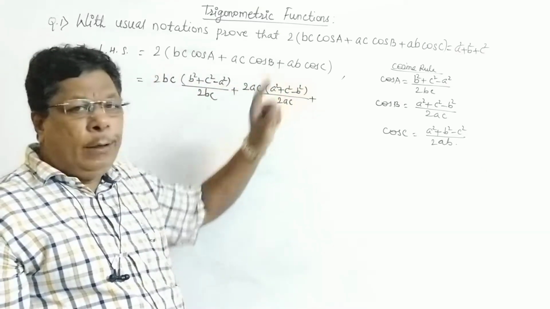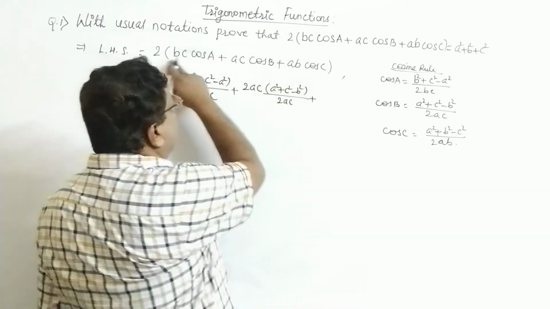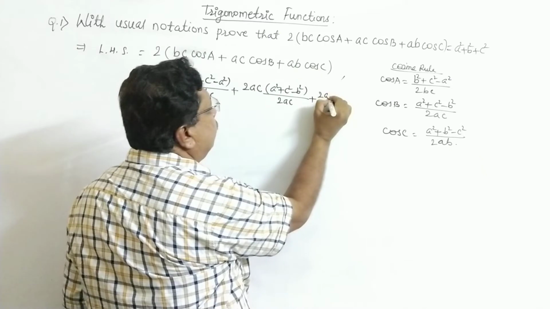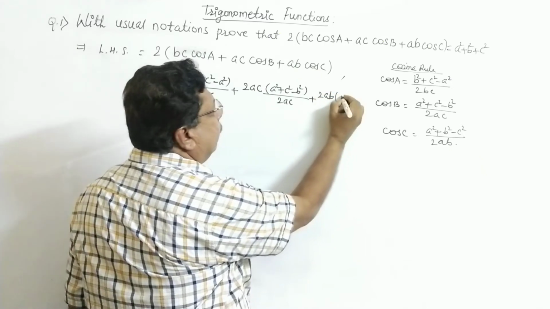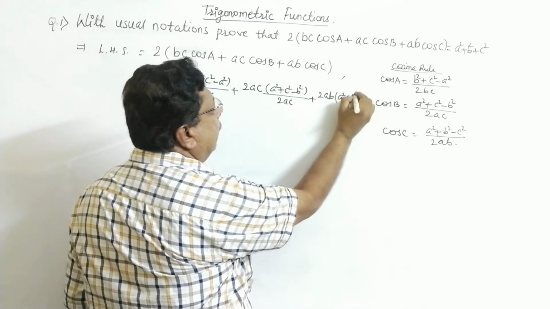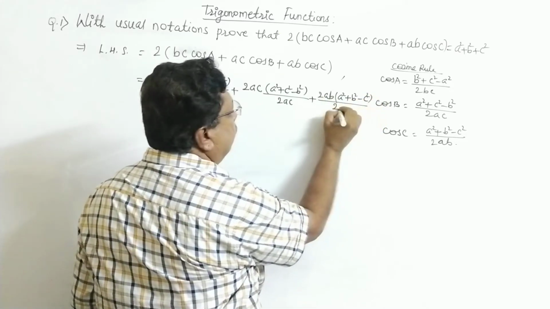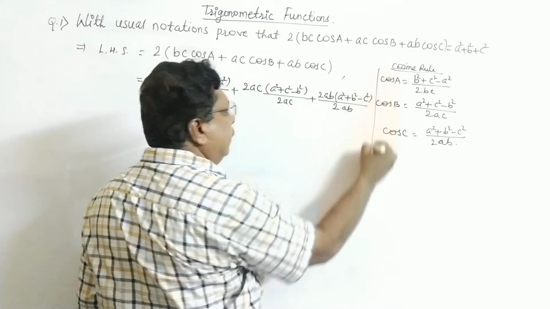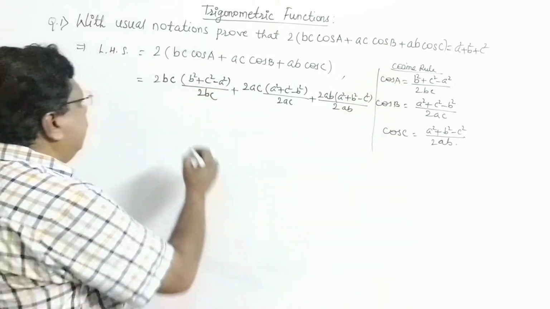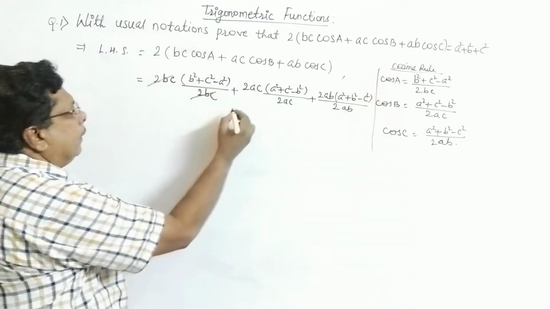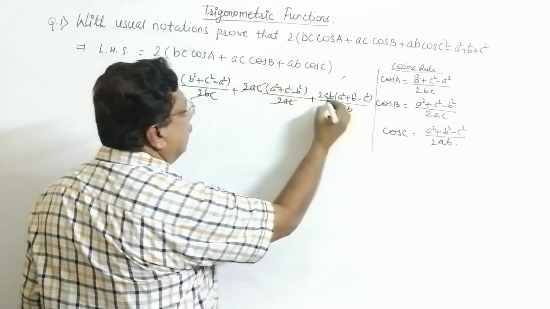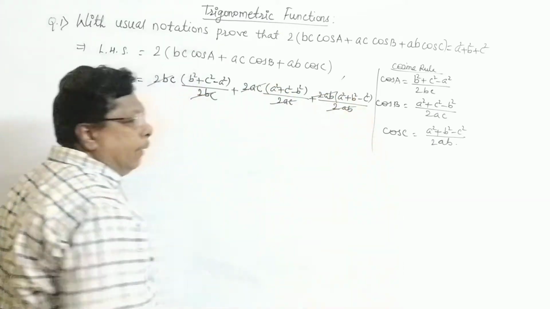Similarly, substitute the value of cos C from the cosine rule. First multiply by 2, that is 2AB, A square plus B square minus C square upon 2AB. Okay, now here 2BC gets cancelled, here 2AC gets cancelled, here 2AB gets cancelled.